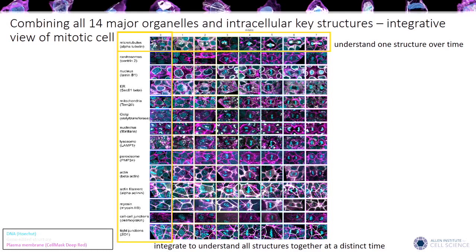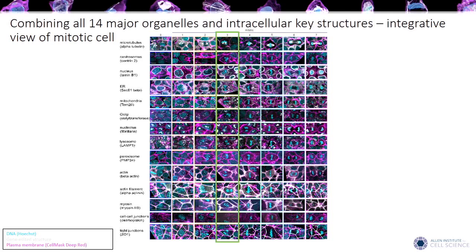Unfortunately, I don't have time to go into all the structures today, but I would like to point out that in the beginning of prometaphase, where we also saw the cells rounding and rising up, this is where we see the most dramatic changes in structural morphology and localization as well.